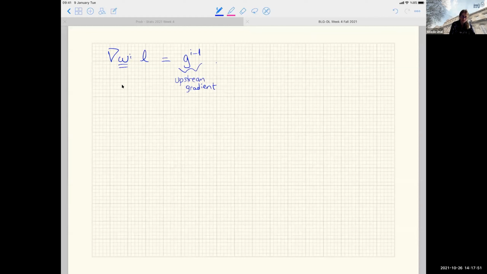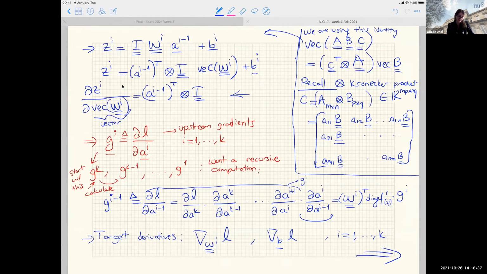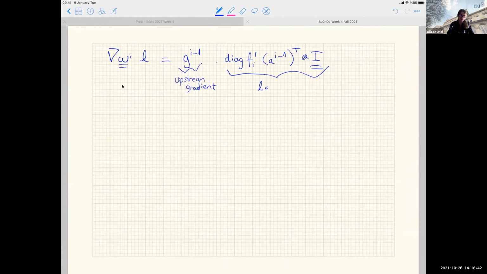So this is an upstream gradient times diagonal F_i prime, then A_{i-1} transpose Kronecker product with I. Remember, we found that local gradient before, del Z_i by del vec W_i, so this is really del A_i by del W_i, vectorized.